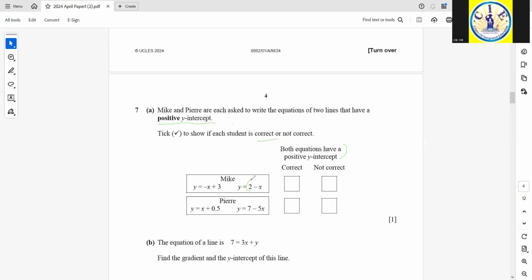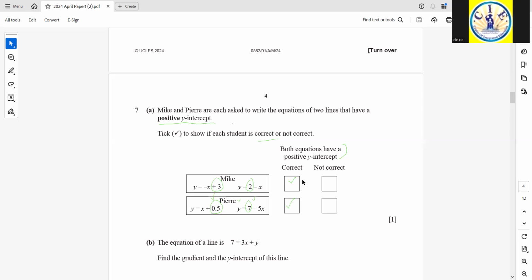It has got positive y-intercept, positive plus 2, and this one has got a positive y-intercept. So this is correct for this. And for Pire, again, the y-intercept is this, and here the y-intercept is this one. So both have got two equations in which the y-intercept is positive. So both are correct. So this is how it has to be done.